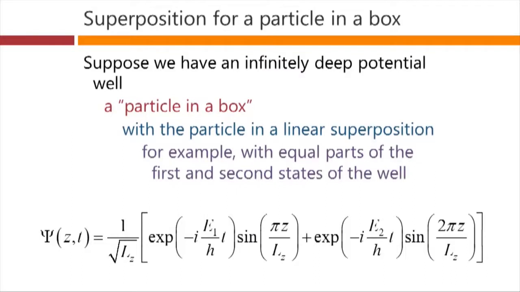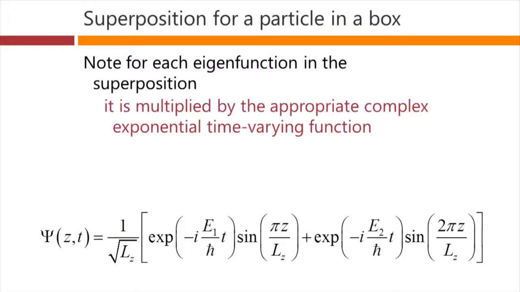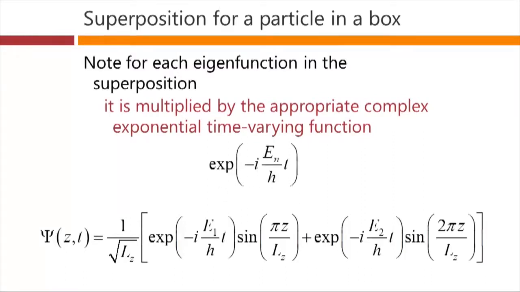But you can see we have some of the first function in the well and some of the second function in the well with the factor 2 in here. Note that for each of these eigenfunctions in the superposition, we've multiplied it by its appropriate complex exponential time-varying function. That is, these factors here.